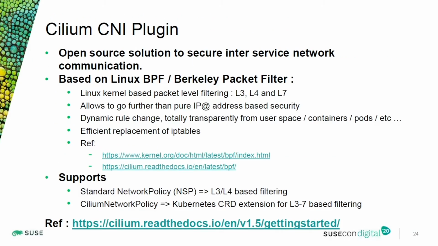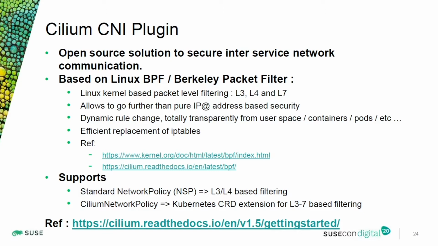The CILIUM CNI plugin is a very interesting one. It delivers an efficient network packet processing alternative to iptables, thanks to the Linux Berkeley Packet Filter, which implements Linux kernel-based packet level filtering at level 3, 4, or 7. It allows you to really go further than pure IP address-based security.